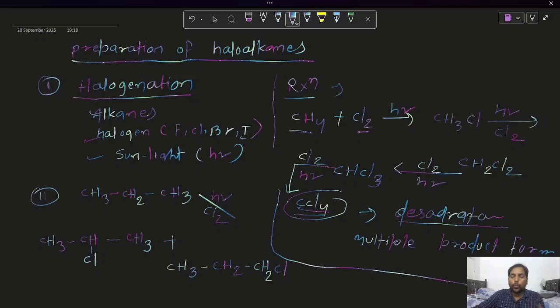Sir, what are we getting? Look, we get two products, because we know that multiple products are formed in these reactions, of course.